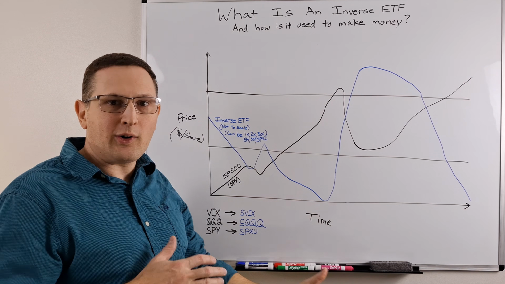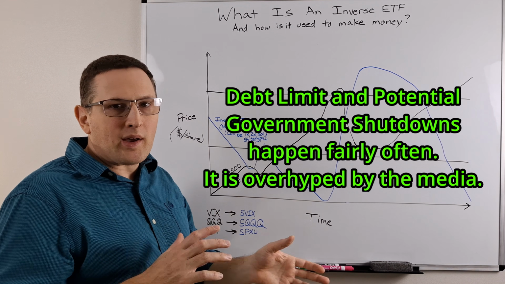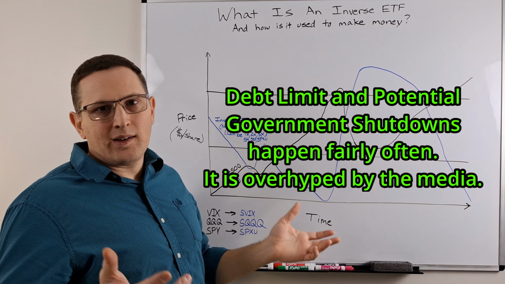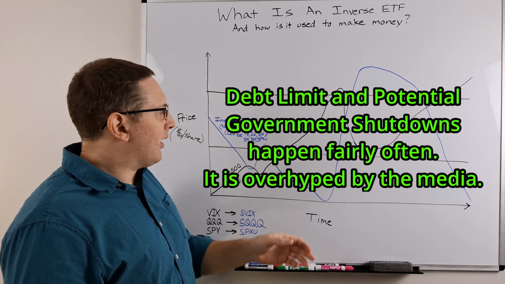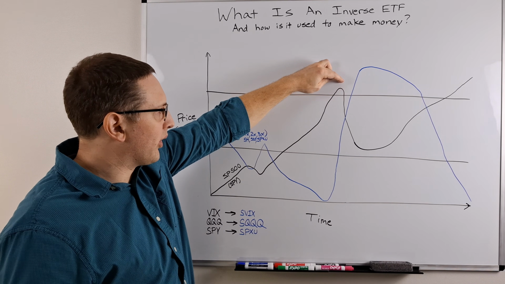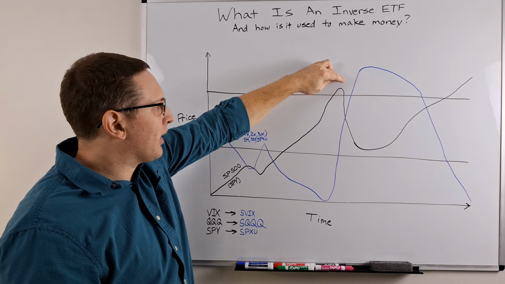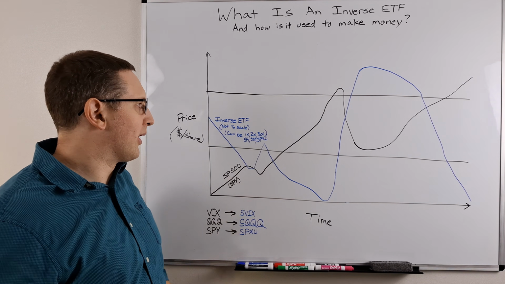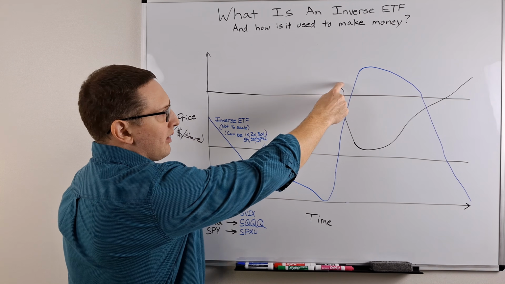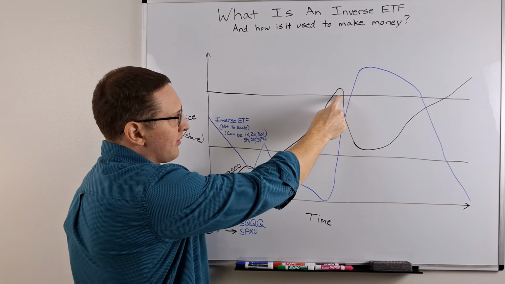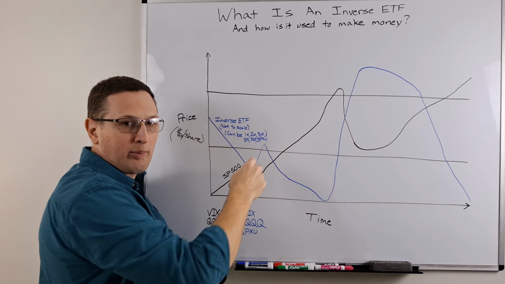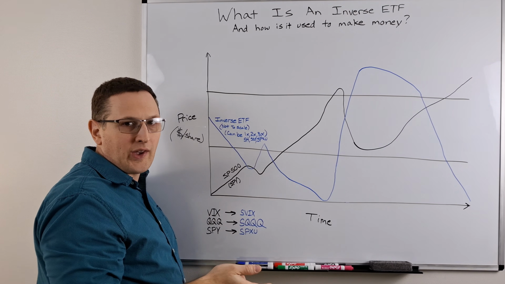I'm not using this on, oh, there might be a government shutdown for a day, because that could change in a minute. But things that I know are going to cause issues in the markets for several days, that's when I take advantage of this, and then I use it for a couple of days. So I start to have a drop. Maybe when I start to see that drop, maybe I lose 1%, 2%.